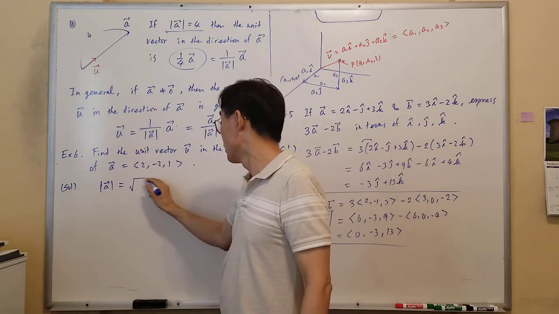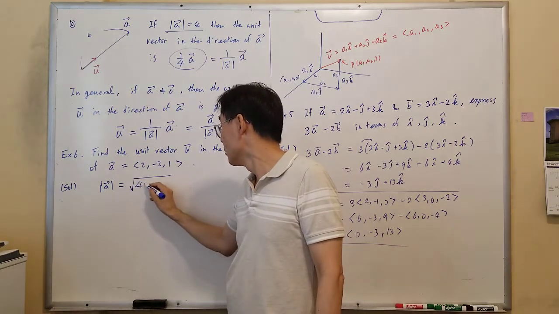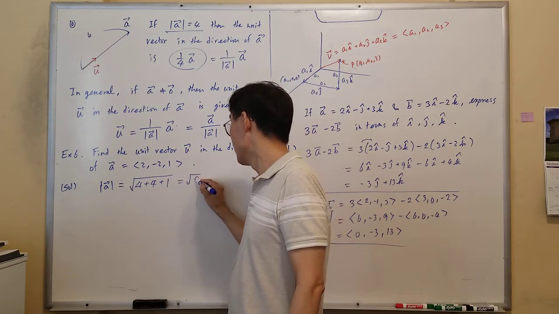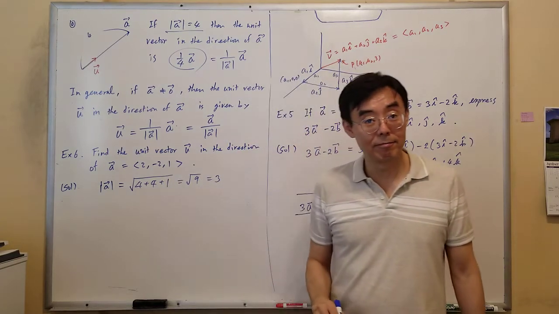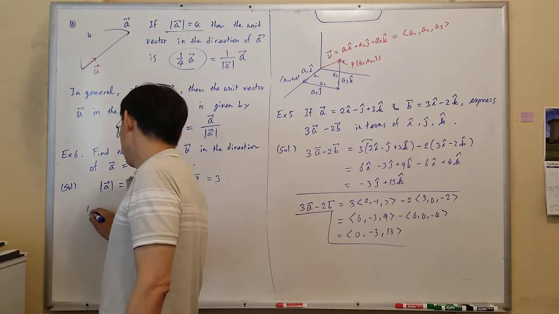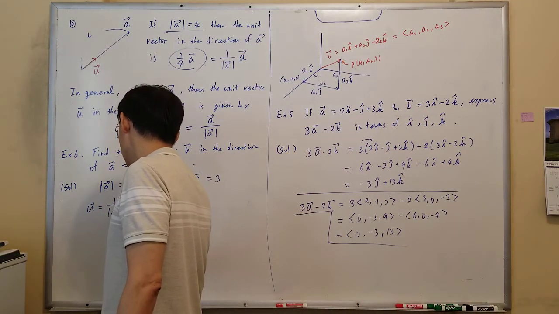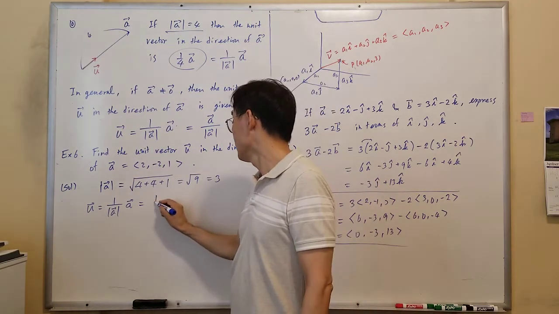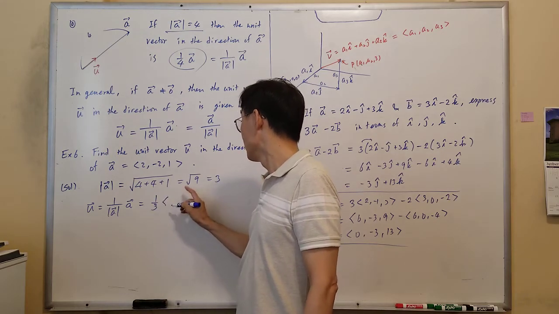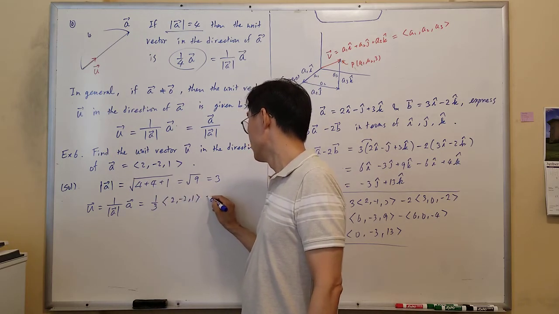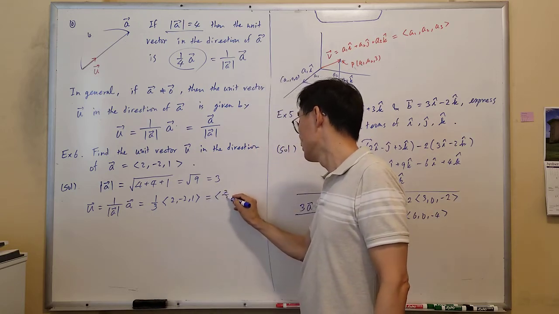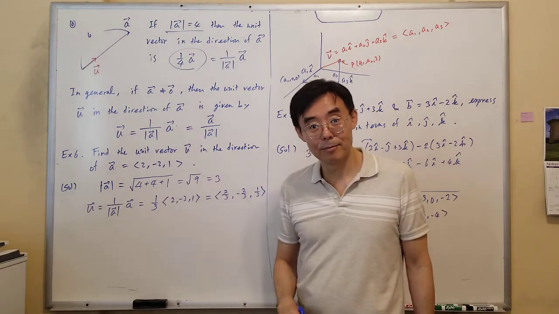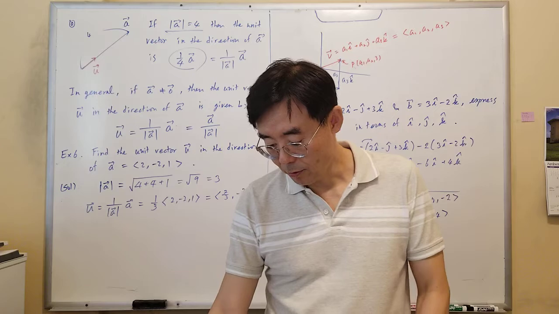That is the square root of 2 squared plus negative 2 squared plus 1 squared. Square root of 9. It is 3. Right? So the unit vector in the direction of A is 1 over magnitude of A times A. So, that means 1 over 3 times vector (2, -2, 1). So it's going to be (2/3, -2/3, 1/3). Okay? That would be the unit vector in the direction of A.